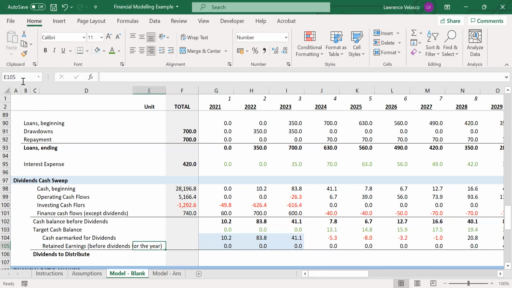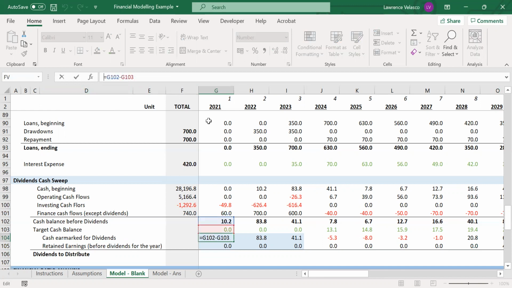Okay? Let's also provide here, yung cash earmarked for dividends. Let's also provide the same logic. Okay? If the excess cash is greater than 0, okay, then therefore you can declare this much dividends.